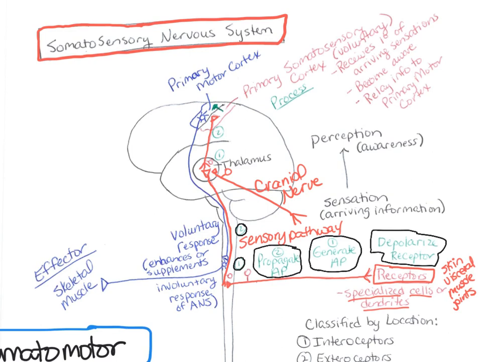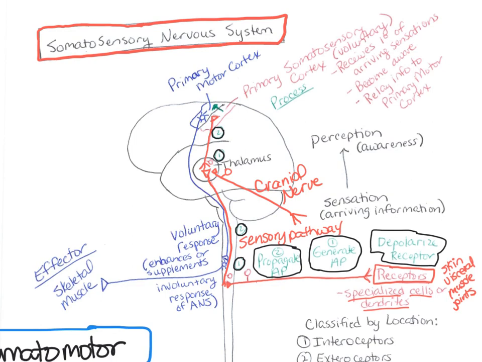And once in the thalamus, that neuron will synapse onto another neuron, and another action potential will have to be generated. Then that action potential will propagate through that neuron, and then finally, that sensory neuron will synapse onto a neuron in the cerebrum. So that's a lot of action potentials being generated, and that's a lot of action potentials being propagated.